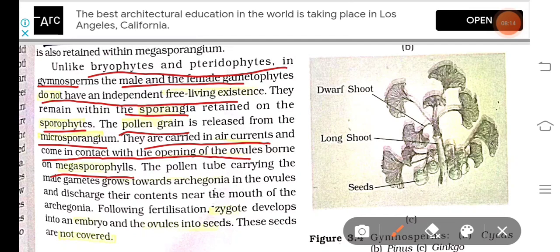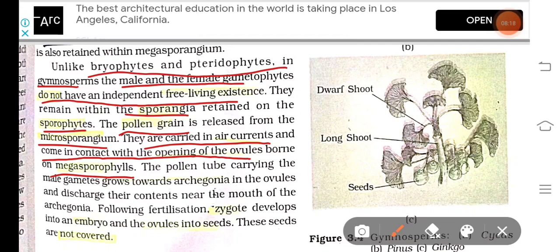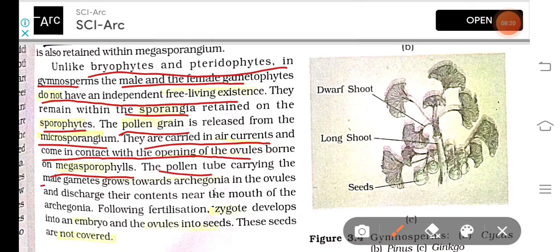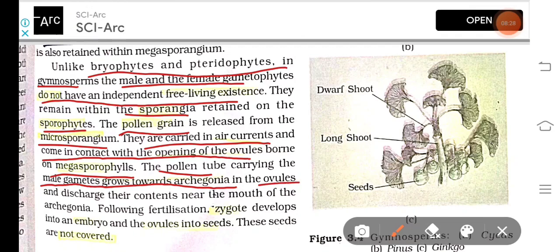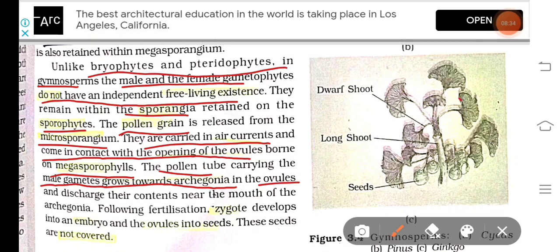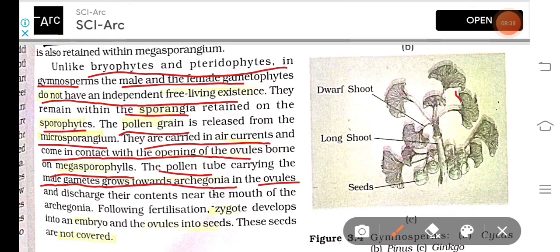And over there the fusion of male and female gamete occurs. The pollen tube which carries the male gamete grows toward archegonia in the ovules. Means the pollen tube which has the male gamete bends towards the female sex organ so that the male gamete can reach the female gamete, and the fusion can occur and the zygote can be formed.